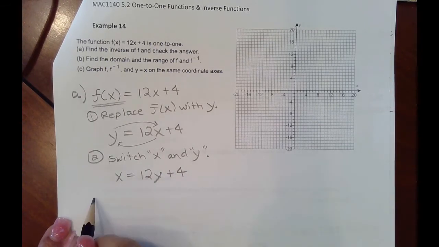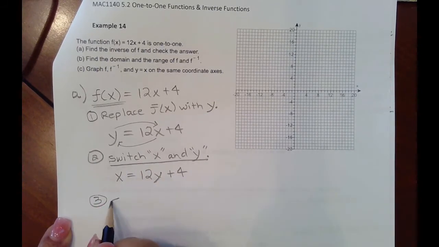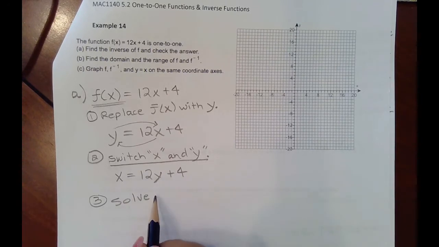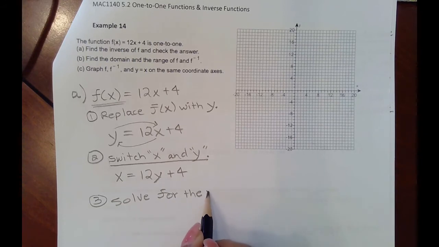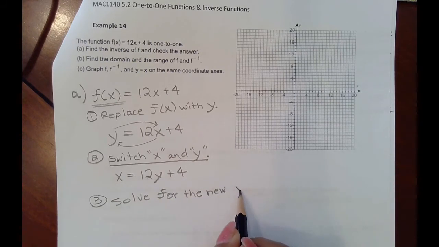Third and final step: you're going to solve for your new y. This is the new y. It used to be an x, so it's the new y. Solve for the new y.